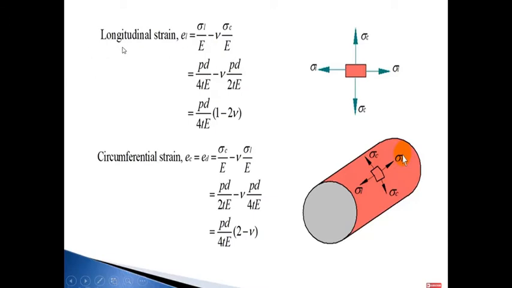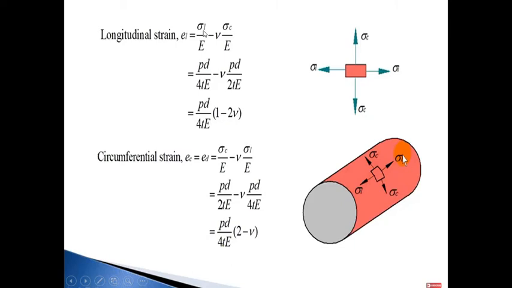Next we will calculate the longitudinal strain. You can see the longitudinal stress will be acting in the x direction. So longitudinal strain is equal to longitudinal stress divided by E minus V times circumferential stress divided by E. So you can apply the formulas: PD divided by 4TE minus V times the circumferential stress PD divided by 2TE.